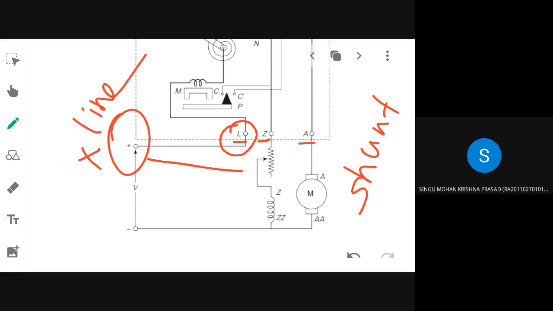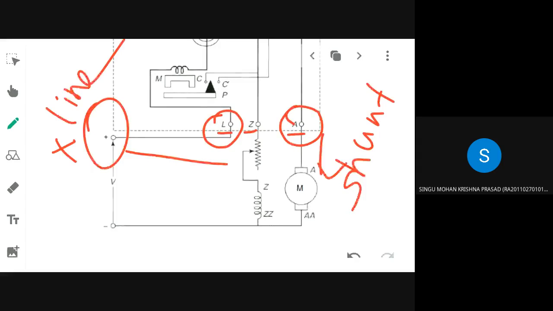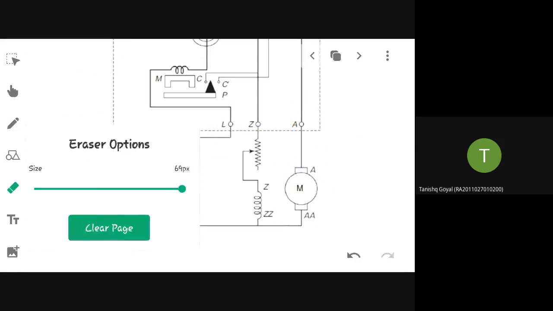And where does this A point go? A represents armature or field? Armature.